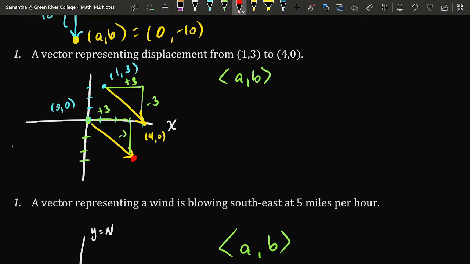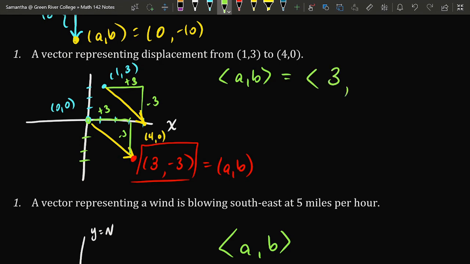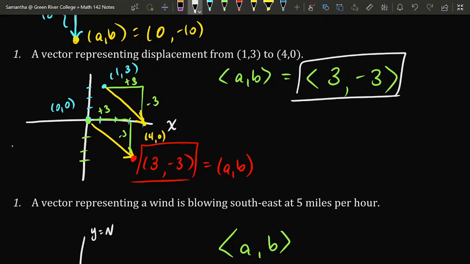The location of the arrowhead is 3 units toward positive x and 3 units toward negative y. So this is the true value of a and b, and therefore the vector in this problem would be angle bracket positive 3, negative 3. This is the symbolic representation for the arrow in this picture. Angle bracket means vector.